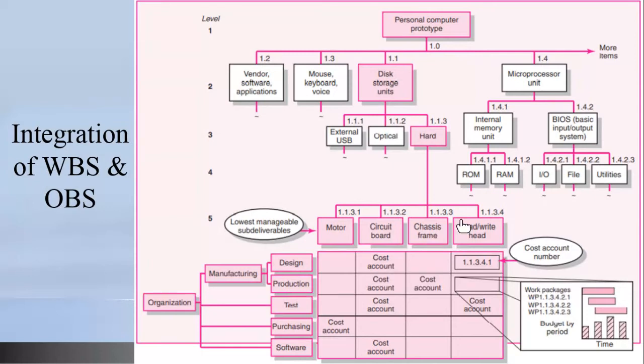Now, the read-write head. For the read-write head, there are a number of work packages. There are 3 work packages, right? If you look at the costs for each of these work packages, plus the time frame to produce them, for each work package this is what is required.